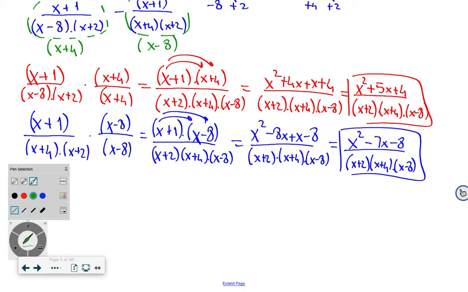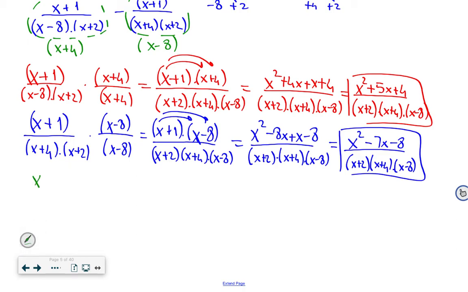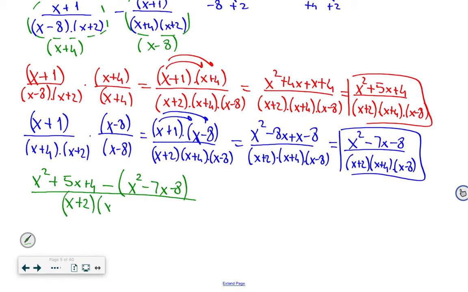If you subtract them, you will get your answer. X squared plus 5x plus 4 minus. Be careful, ladies and gentlemen. You need to distribute the negative sign into the parentheses. So that's why I'm writing them in the parentheses under the same denominator, x plus 2 times x plus 4 times x minus 8.